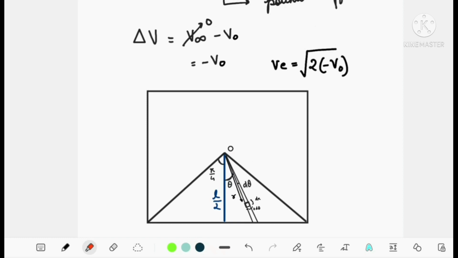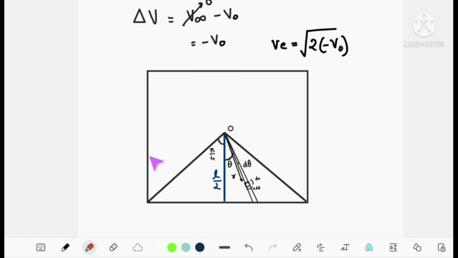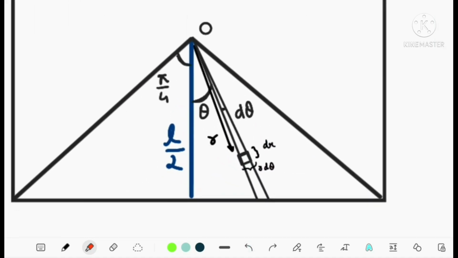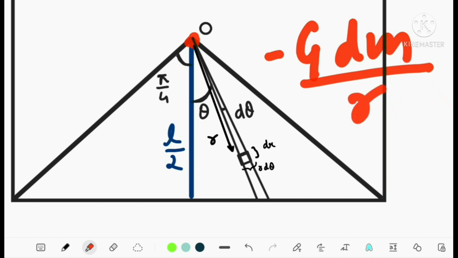Now we'll use integration to find the potential of this square at point O. Consider a small rectangular element of sides r d theta and dr. The potential due to this differential element at point O will be equal to minus G dm by r, where r is the distance and dm is the mass of this differential element.